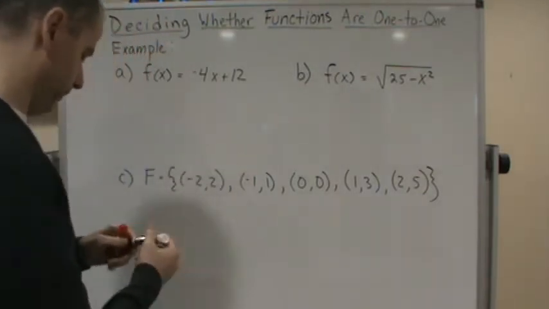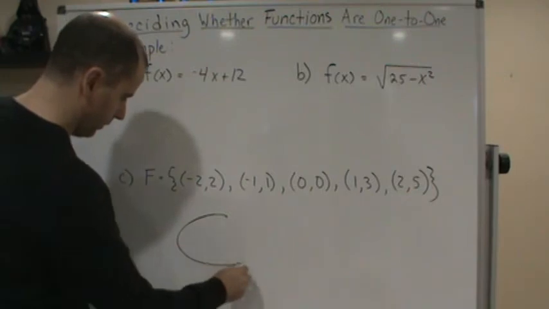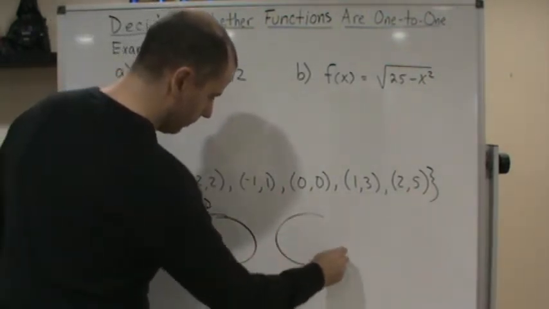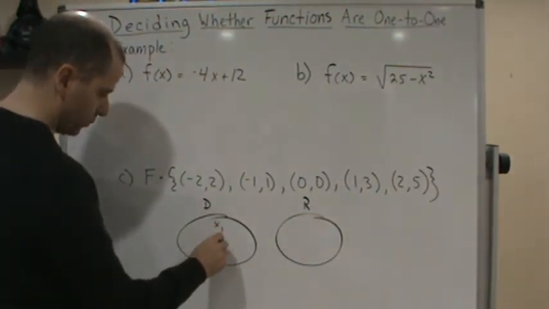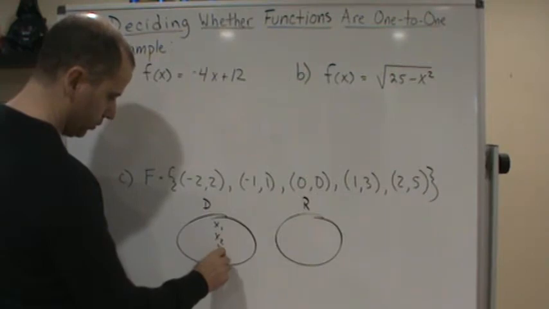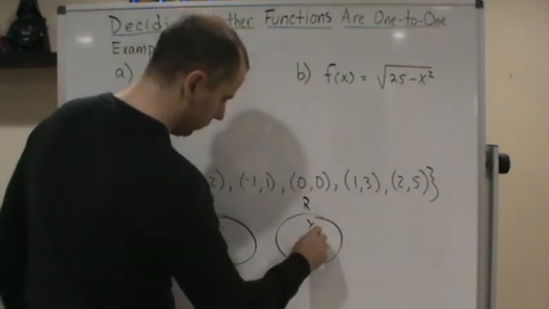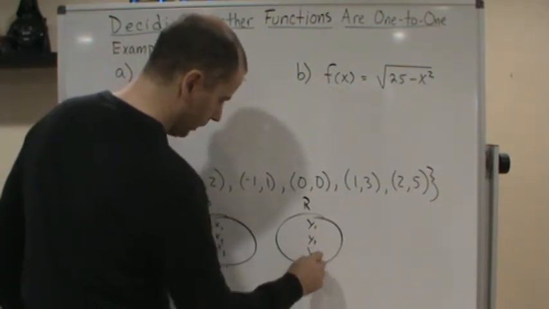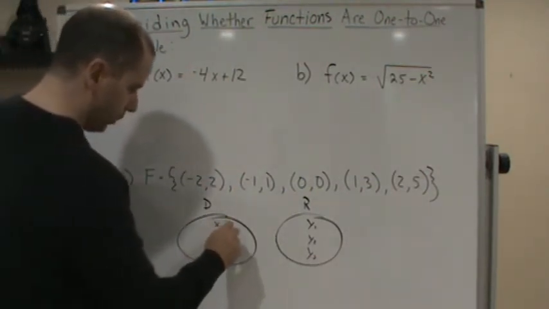Let me draw a picture real quick. Let's say this is the domain and this is the range, and we've got x1, x2, x3 and y1, y2, y3. An example of a function would be this.